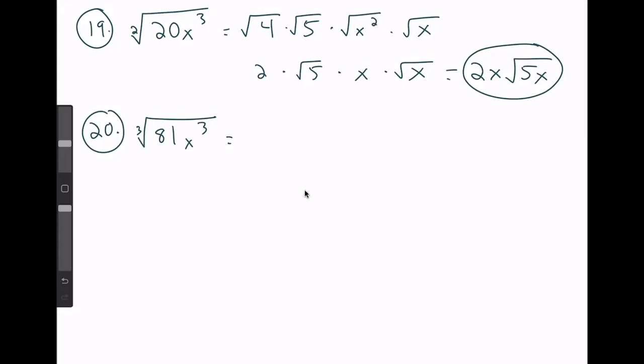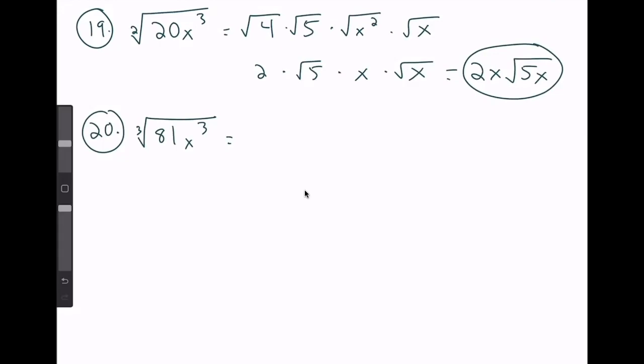Oh, I'm sorry. The cube root of 81 is actually a decimal. But what I can do is look at what factors of 81 I can find the cube root of, right?